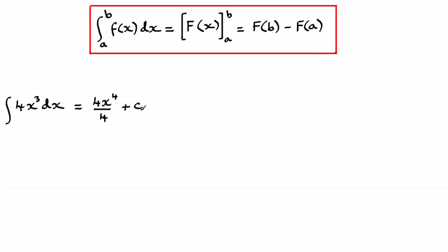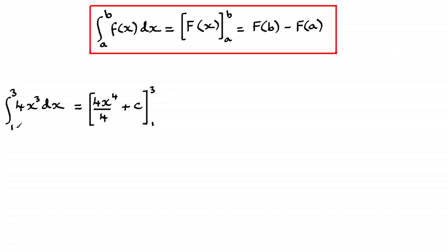Now if I had some limits on this, let's just put in some limits. Suppose I had x equals 1 here and x equals 3 here. Then I would have to put this in square brackets, with those limits in from 1 to 3.